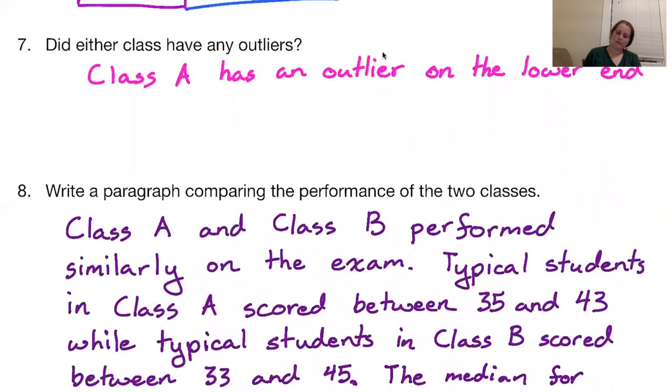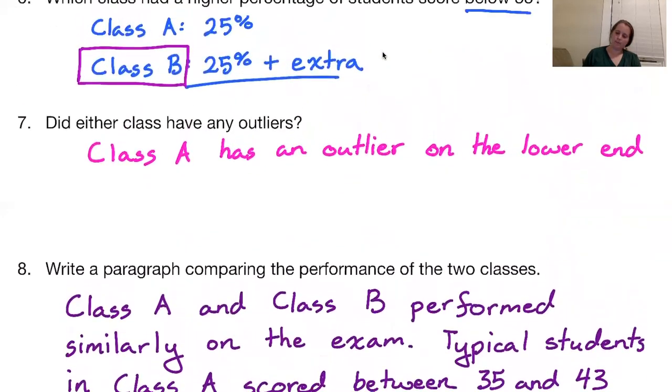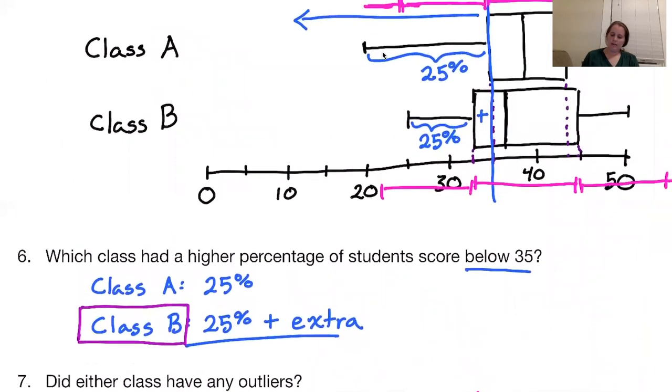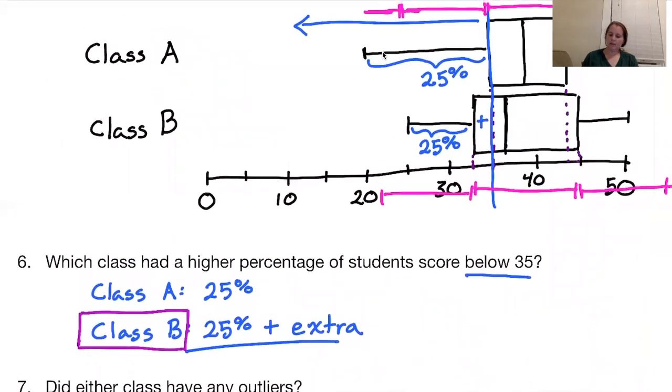And then if we go on shape, if anything, class B is slightly skewed right versus class A is slightly skewed left.